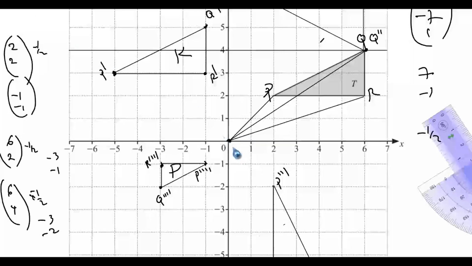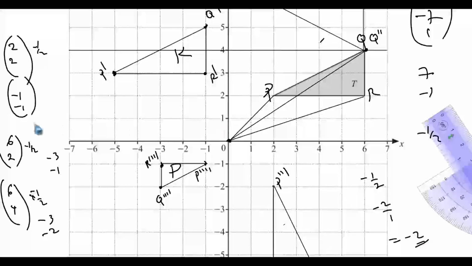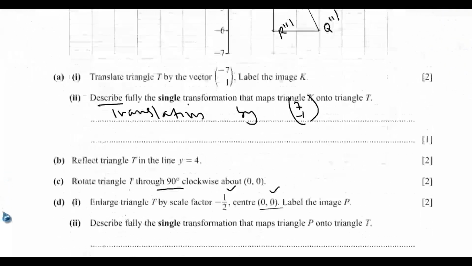The center of enlargement is the origin, and the scale factor now will be the inverse of the one we used there. We used minus 1 over 2, so the inverse will be minus 2 over 1, which is the same thing as minus 2. So that is what we need to change there. So let's go down here.